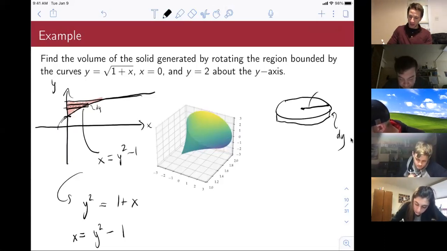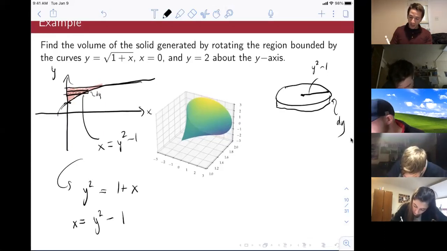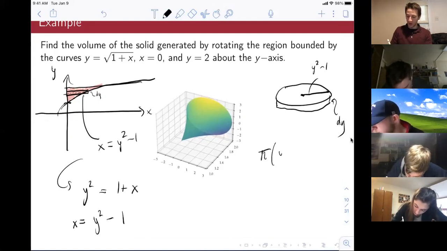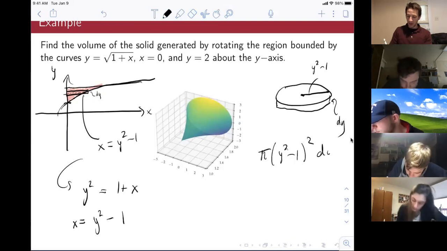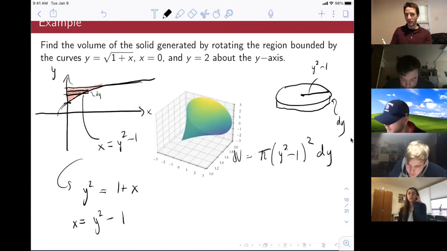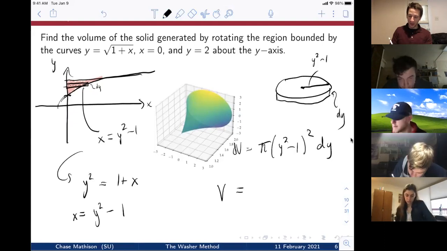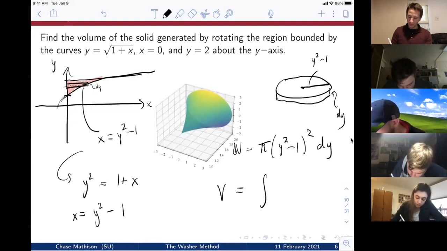Perfect. The radius is y squared minus 1. So the volume of this little disk is, just like before, pi times r squared, so that's pi times y squared minus 1 squared dy. That's a little bit of the volume of the whole thing. So the actual volume is the integral of pi times y squared minus 1 squared dy.